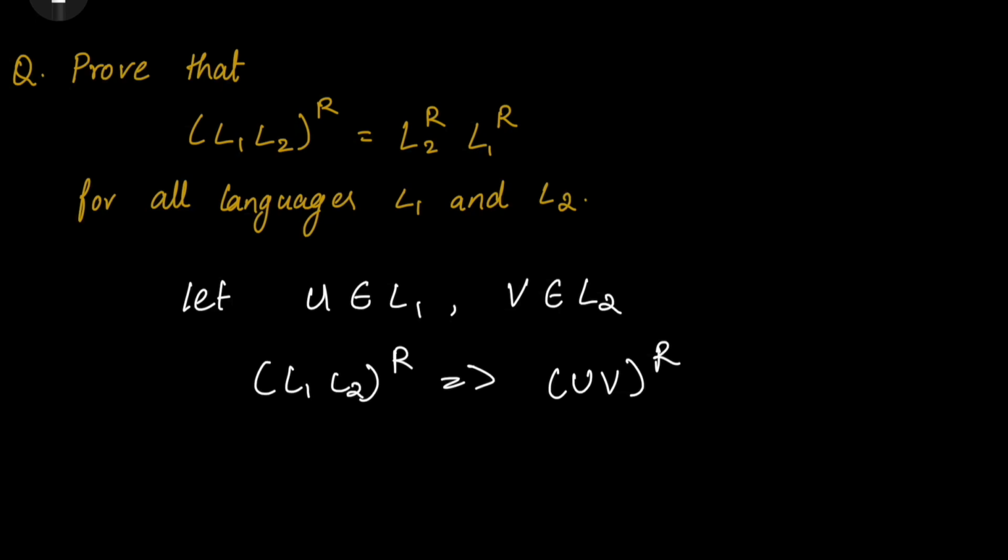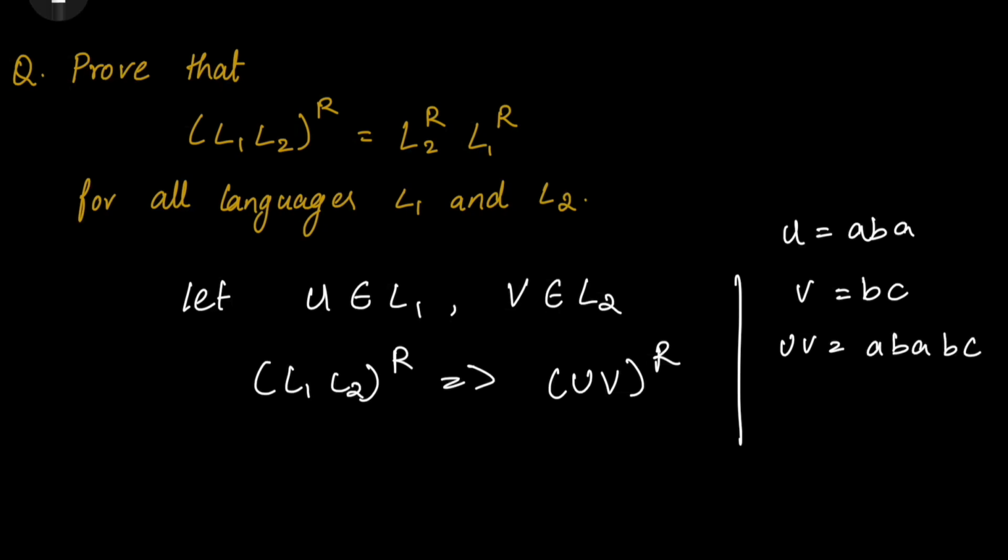Now, for understanding purposes, let's take an example. Let's take U as ABA and V as BC. Now, UV would be ABABC. Now, the reverse of UV would be CBABA.